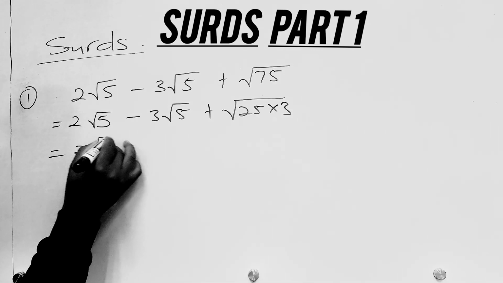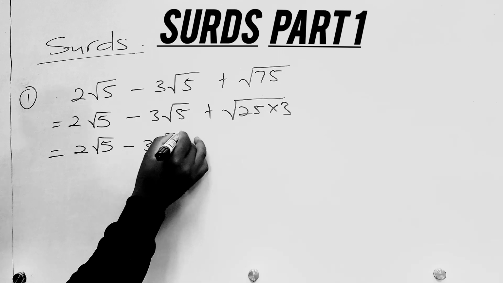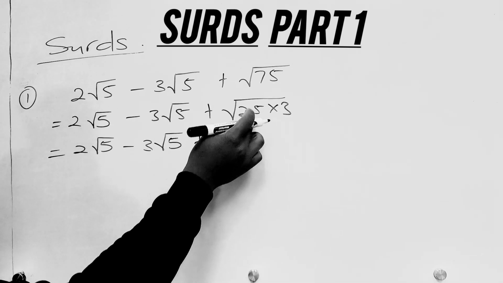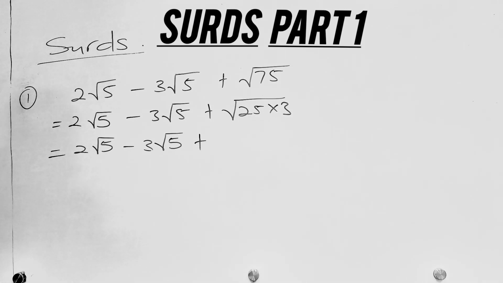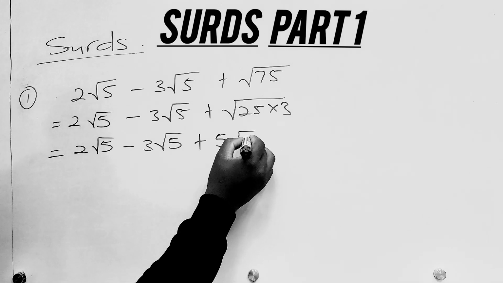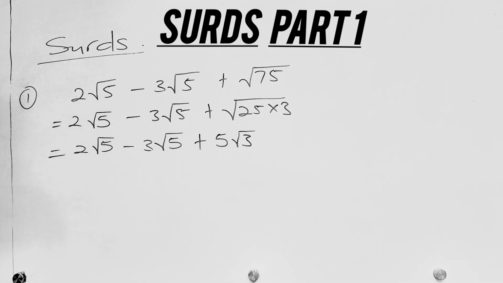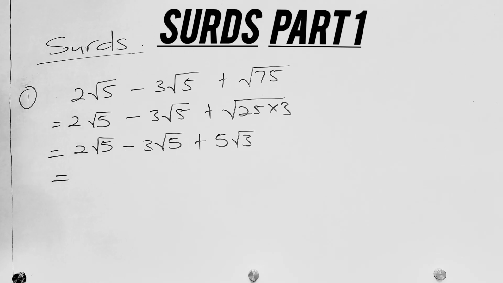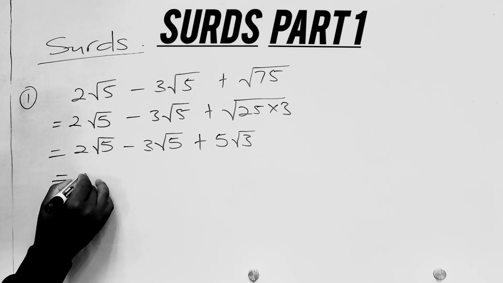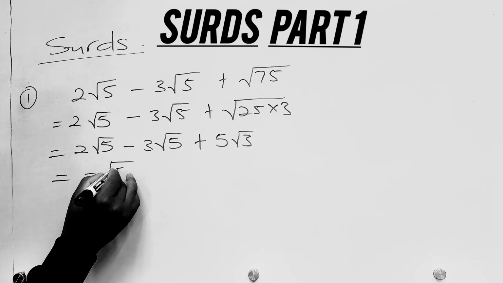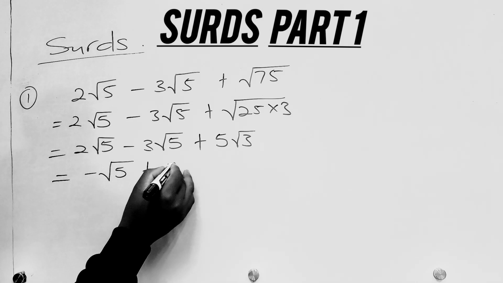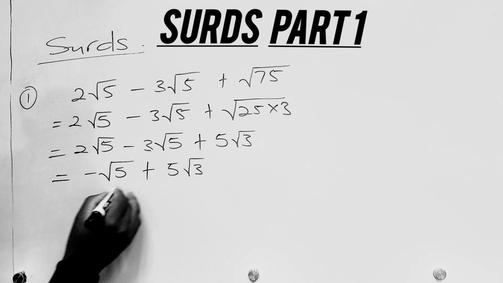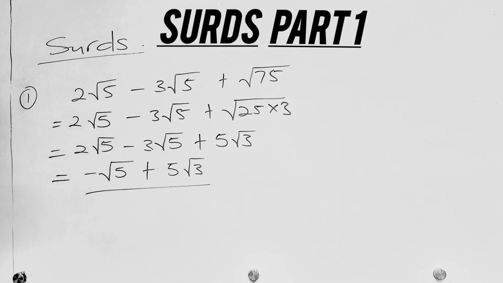So 2 root 5 minus 3 root 5 plus, what is the square root of 25? It is 5. So it is 5 root 3. You can see it's not like root 5, so we just have to simplify here. Our answer will be 2 minus 3, we get minus 1. So minus 1 root 5 plus 5 root 3. That will be our solution.